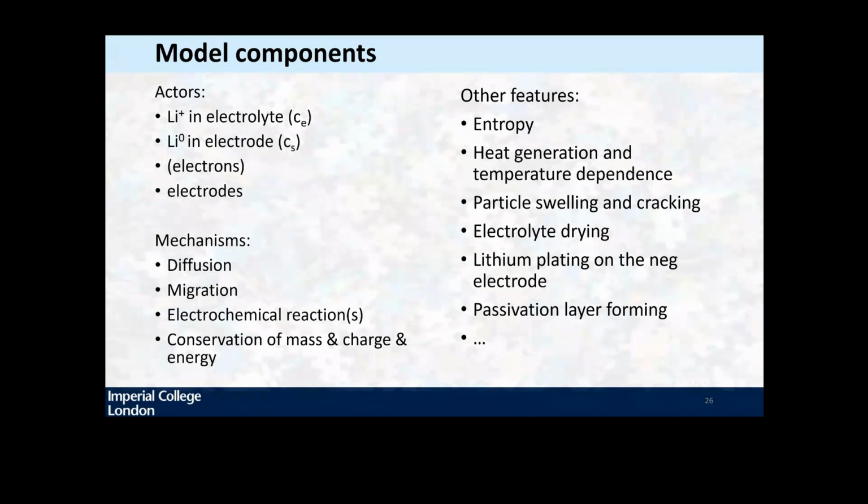We may also wish to include other features. Entropy plays a role in some electrodes that have significant phase change behavior. You've seen already from what Greg presented that very little useful work can be done without accounting for heat generation, and how all of these mechanisms depend then on the temperature of the cell.